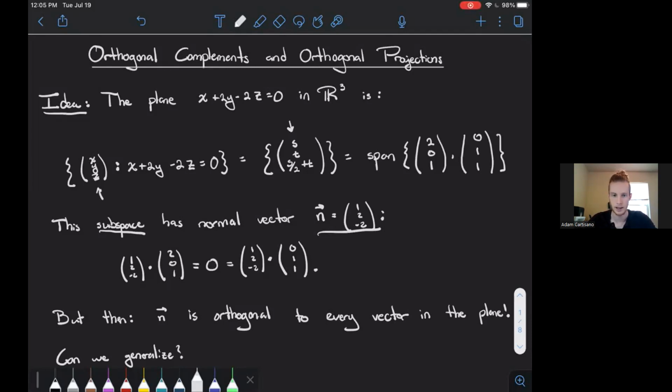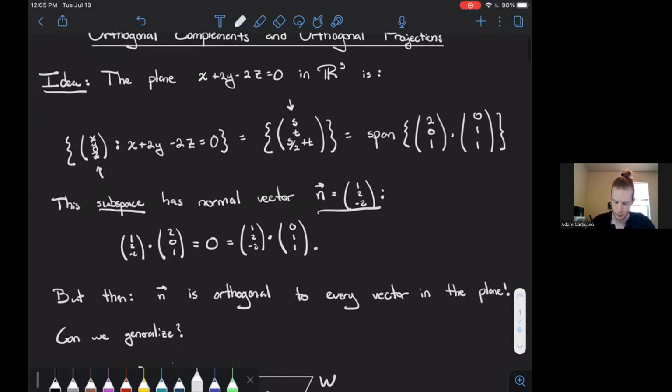So if you take the dot product of your normal vector, which I'm calling n, and any vector inside this plane, you should get precisely 0. I've done the two basis vectors here, and you can verify these dot products, but let's just do it for literally any vector in the plane. Any vector has the form (s, t, s over 2 plus t).